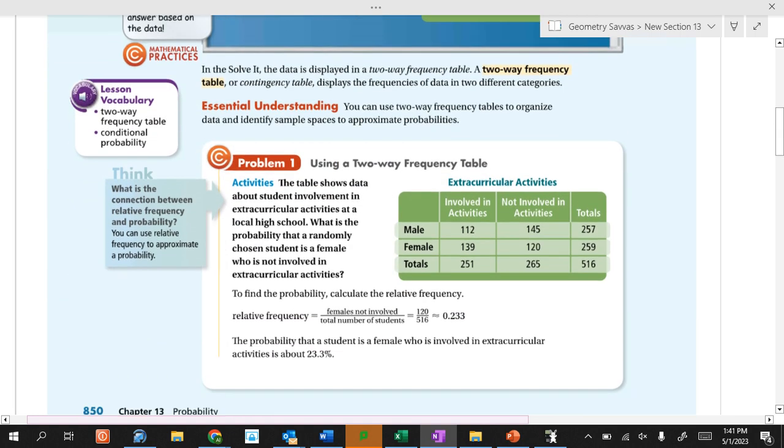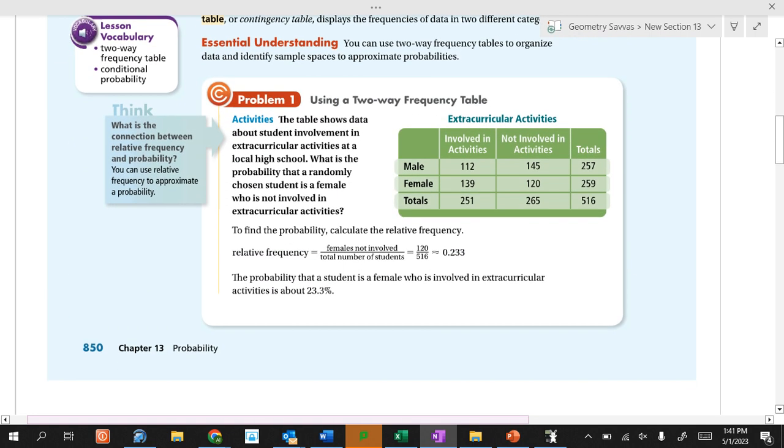Okay? All right. So this next table, the data table shows student involvement in extracurricular activities at a local high school. What's the probability that a randomly chosen student is a female who is not involved in extracurricular activities? So you have to look at those who are not involved in extracurricular activities.